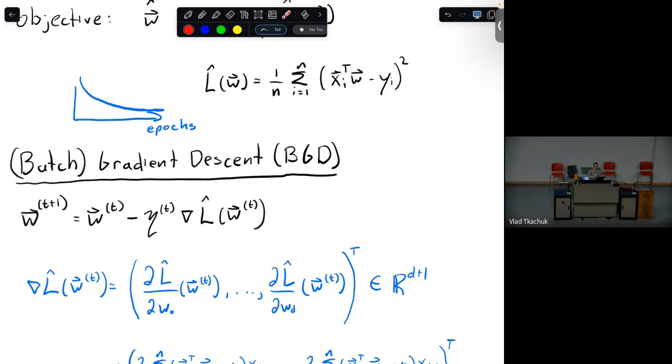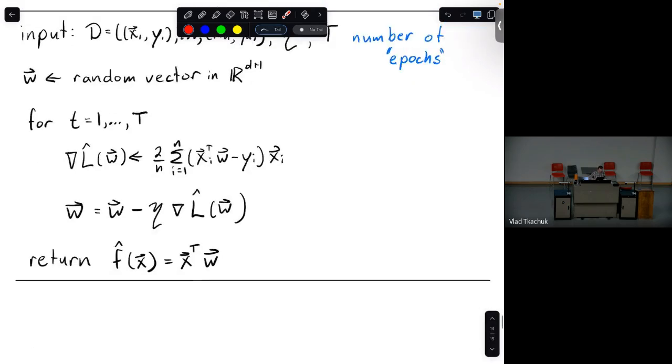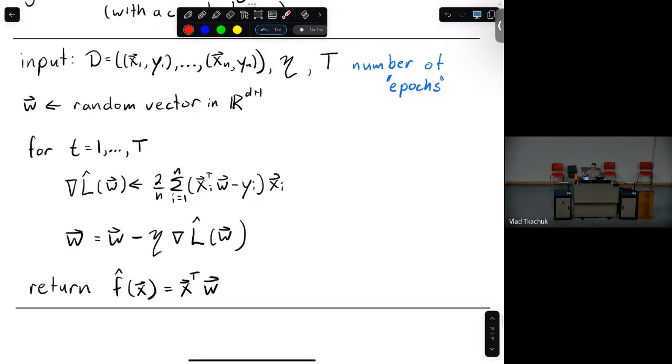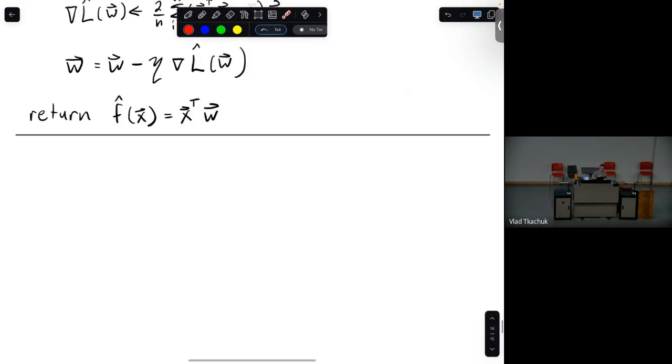You're plotting this estimated loss, and you see its curve decreasing with epochs. We'll talk a lot more about this in a couple weeks. This last half an hour is probably when you'll see the most condensed amount of machine learning terminology.